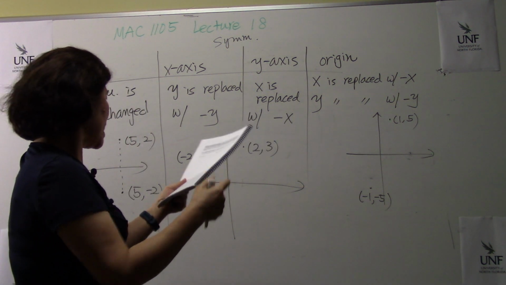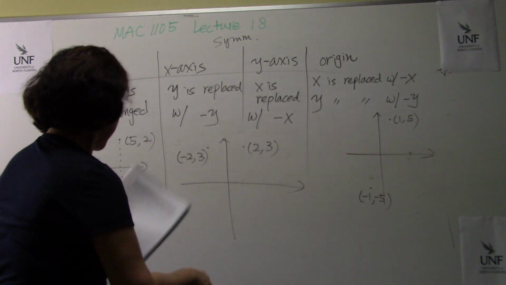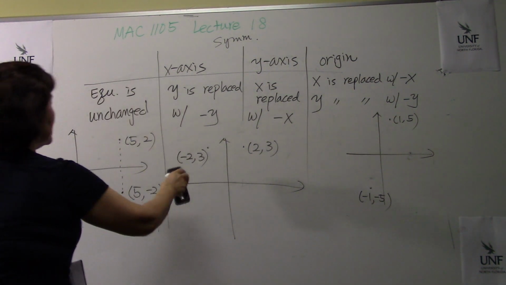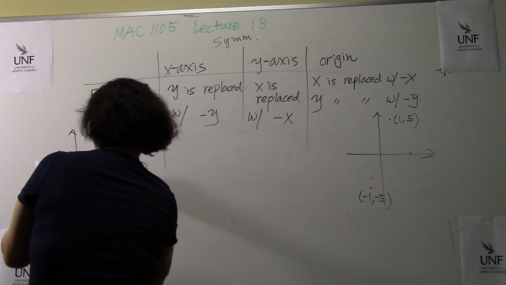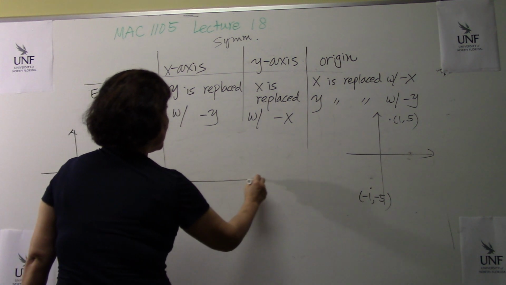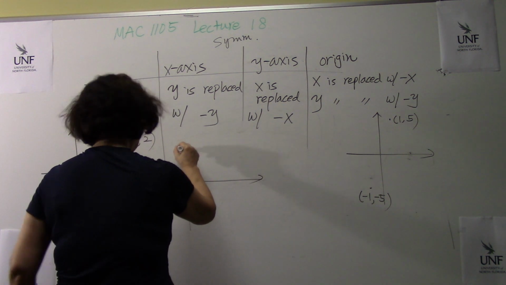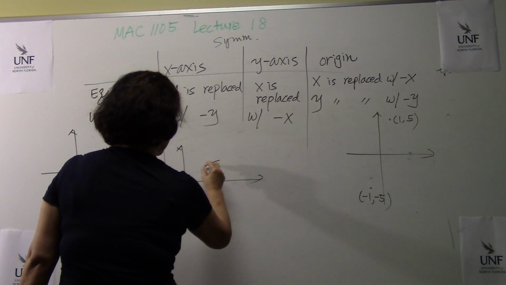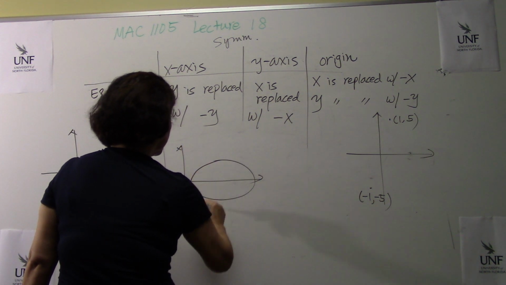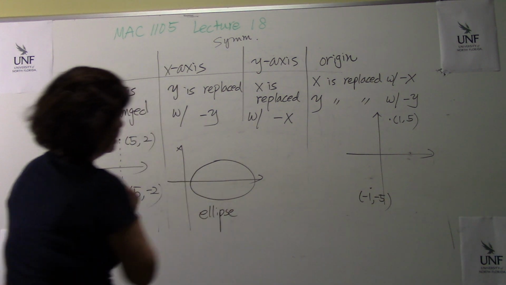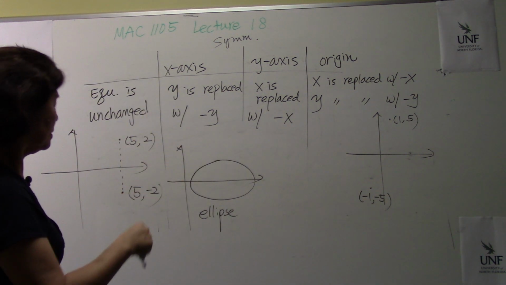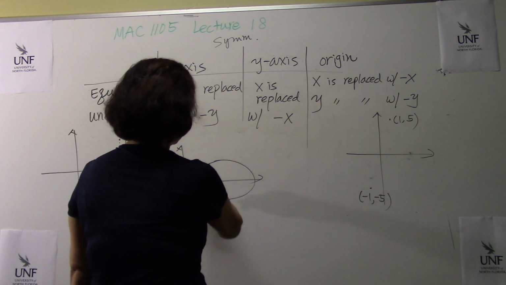Okay. So in terms of graph, this symmetry about the x-axis is like over here. What kind of shape do you see in the lecture note? We call it an ellipse. Looks like a lemon, an oval shape.